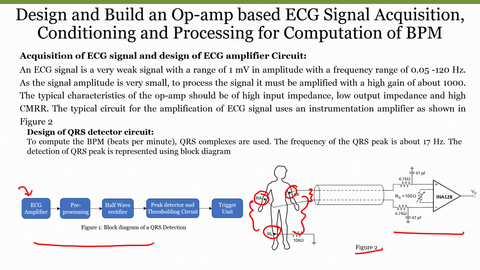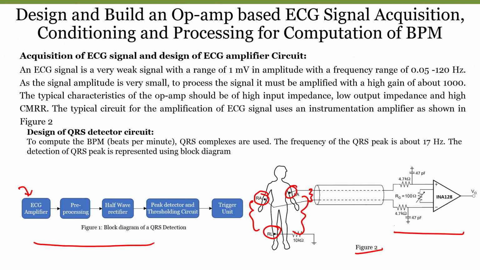The signals from RA to RL and LA to RL look similar, meaning they are almost common mode signals. In such a case, to take the difference between these two independent signals, we have to go with an instrumentation amplifier.